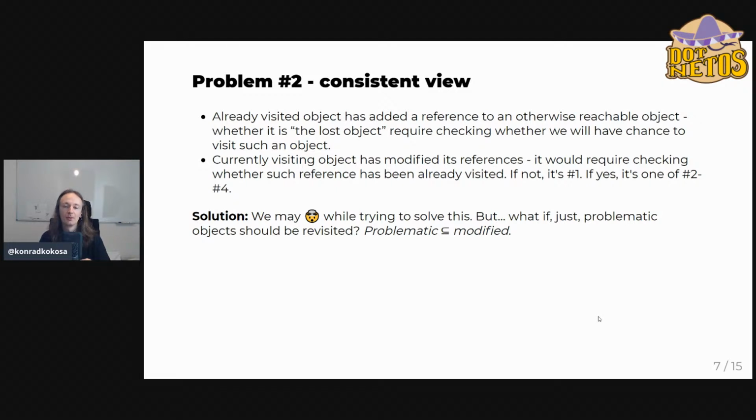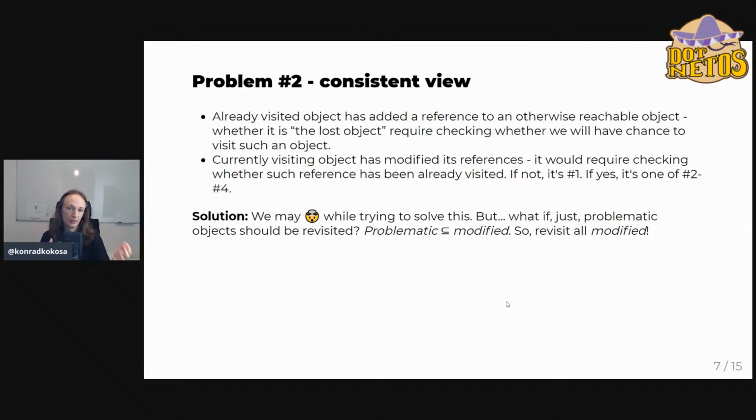So in other words, the problematic set of objects is a subset of all modified objects, but we are tracking modified objects in the end. So every modification that we would like to track is an object that we will revisit. So in the end, the solution is simply revisit all modified objects.